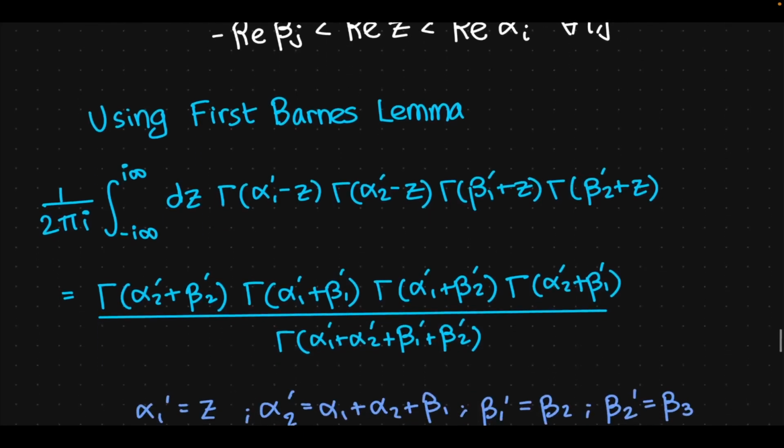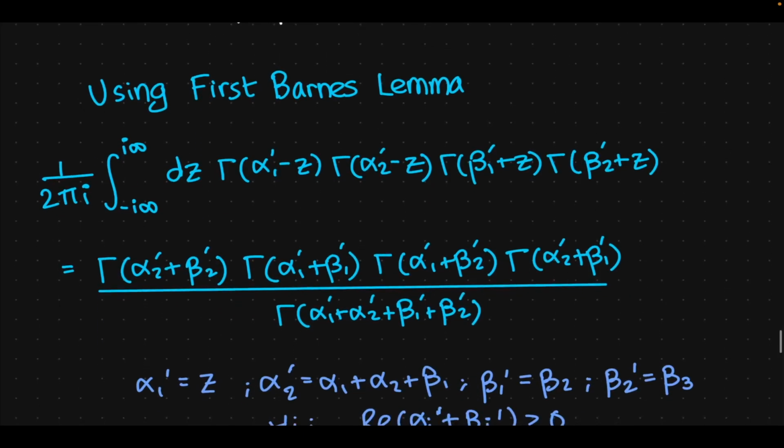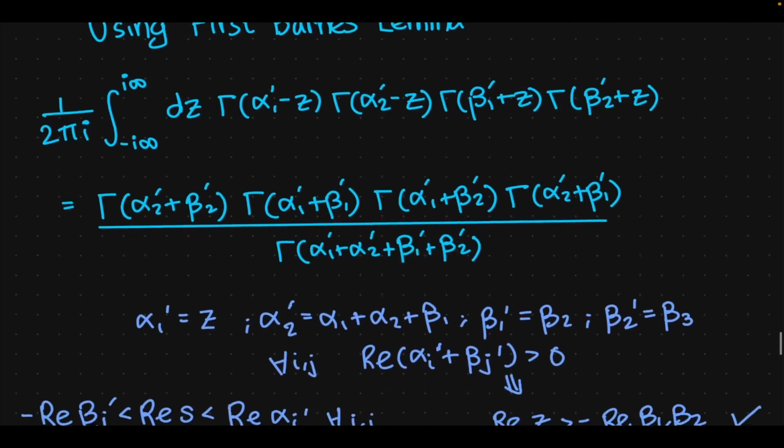I'm using prime notation because we can do a substitution later. This equals gamma of alpha 2 prime plus beta 2 prime, gamma of alpha 1 prime plus beta 1 prime, gamma of alpha 1 prime plus beta 2 prime, gamma of alpha 2 prime plus beta 1 prime divided by gamma of alpha 1 prime plus alpha 2 prime plus beta 1 prime plus beta 2 prime.